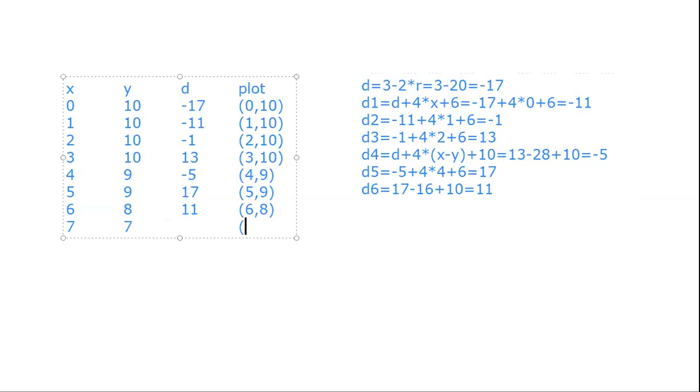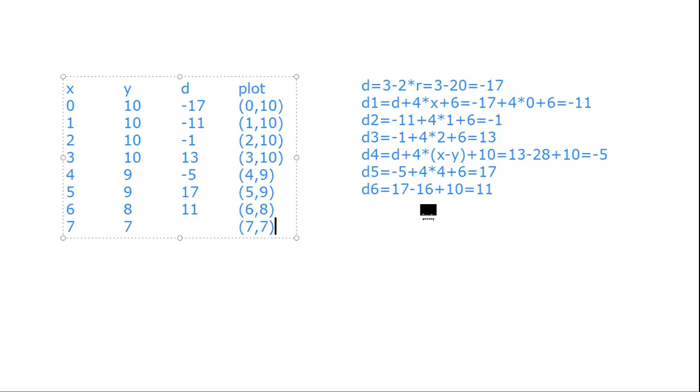Now if you find it out, x is equal to y. See here, x is equal to y, the condition gets satisfied, so we need to stop here itself. Okay, in this way the Bresenham circle will get drawn. Fine, I hope you understood.